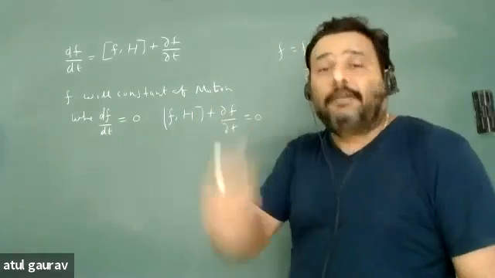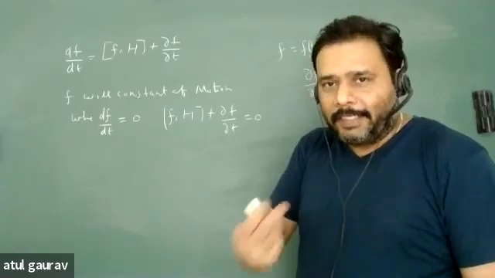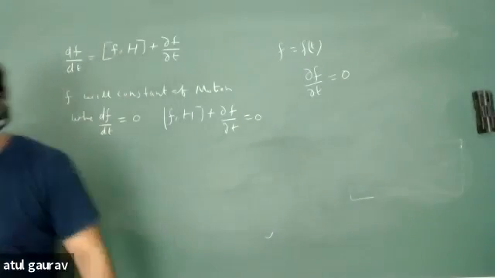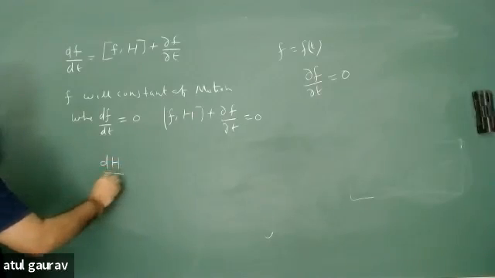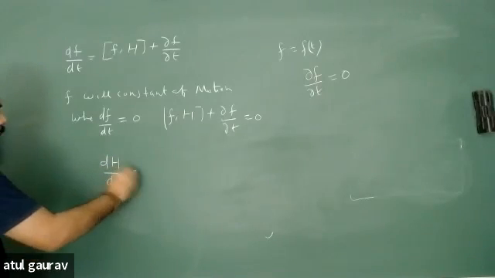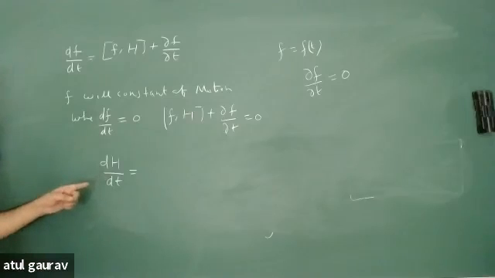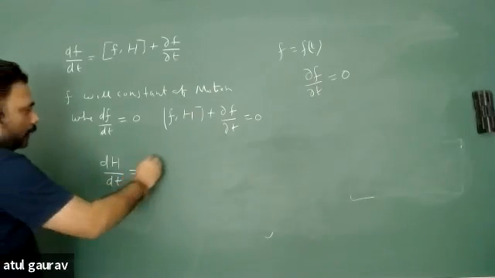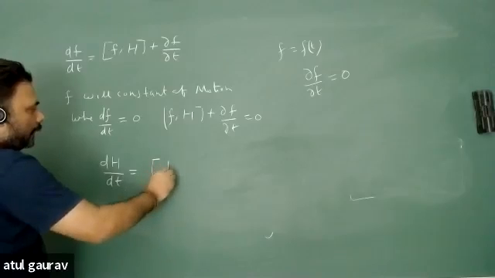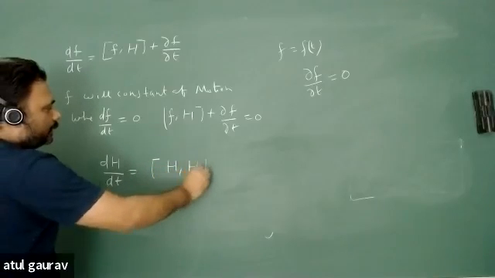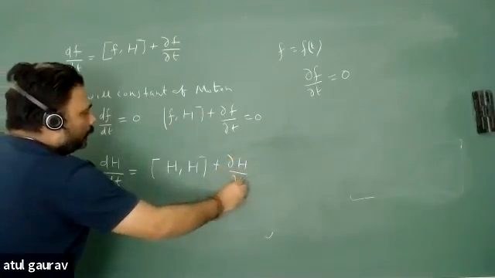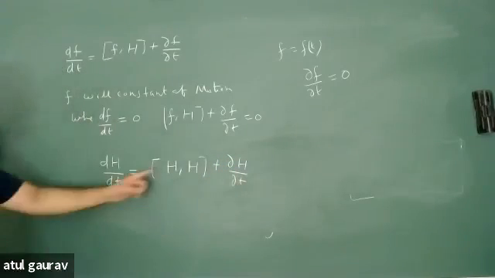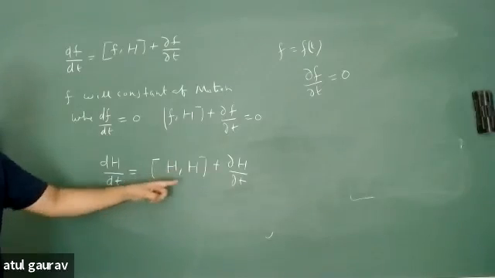But in case of the Hamiltonian, you can see this is very interesting. If we want to write dH upon dt, then what we have is {H, H} plus del H upon del t. And this will always be zero. H will always commute with the Hamiltonian.